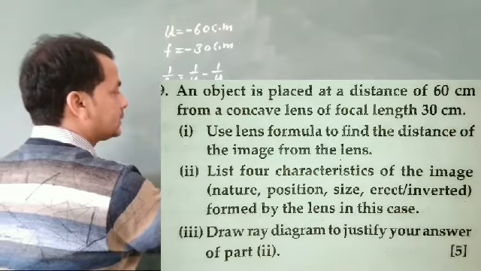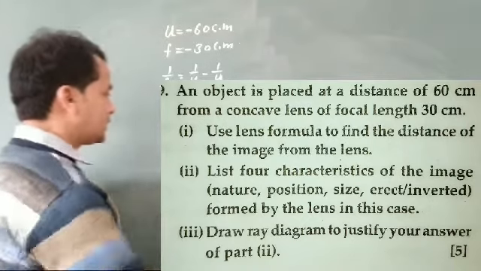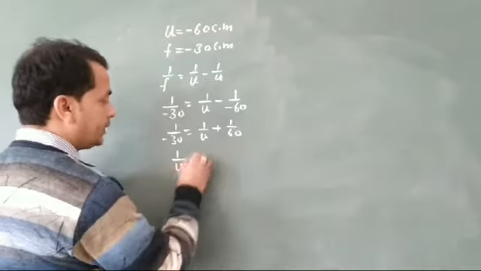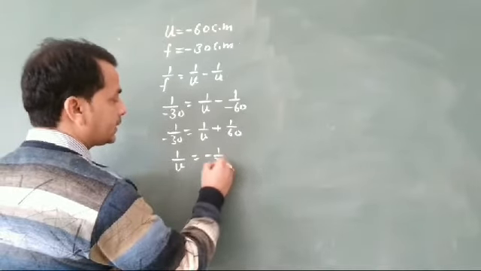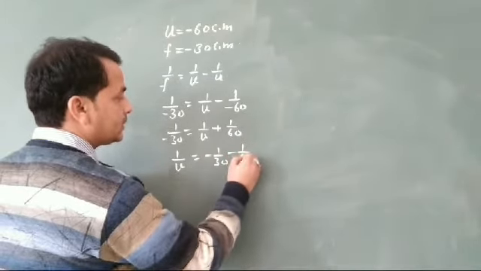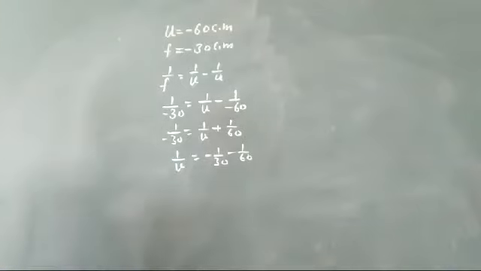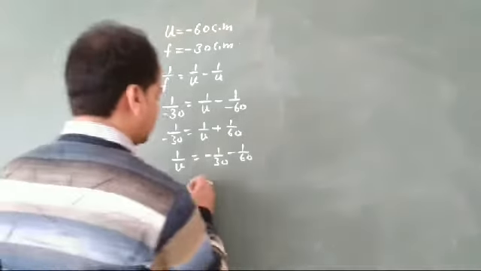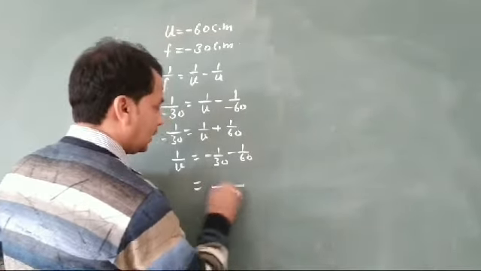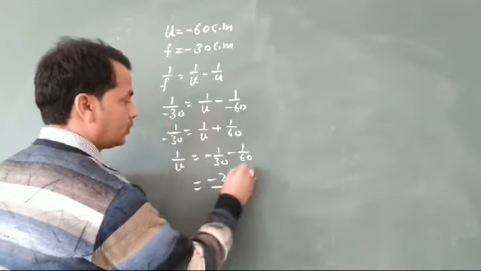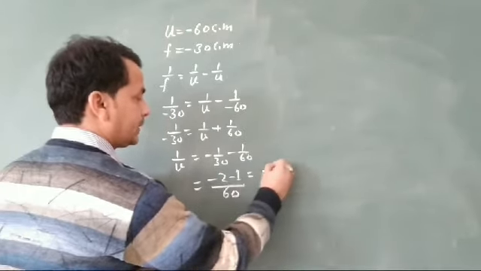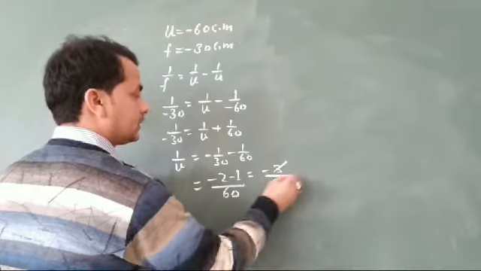Then 1 by minus 30 equal to 1 by v, and minus into minus is plus, that is 1 by 60. Transpose the value of 1 by 60, then 1 by v equal to minus 1 by 30 minus 1 by 60. The LCM of 30 and 60 is 60, and minus 2 minus 1 is minus 3 by 60.